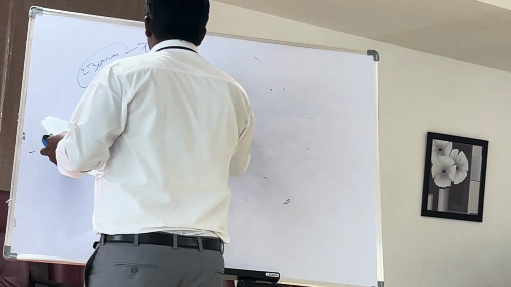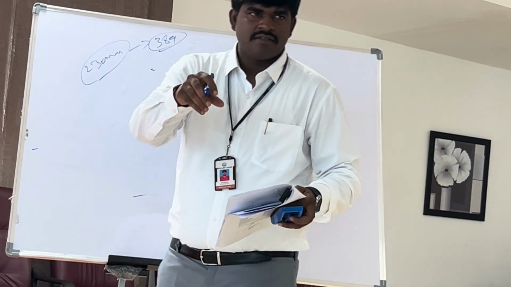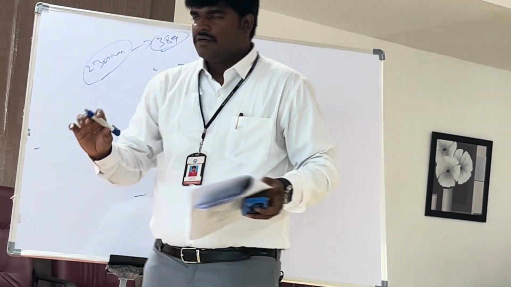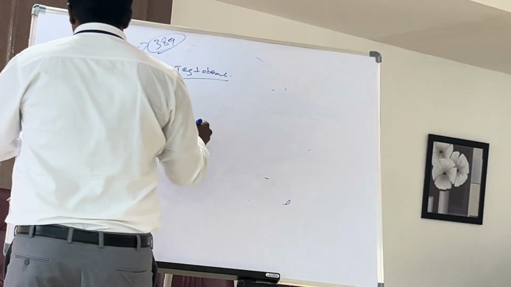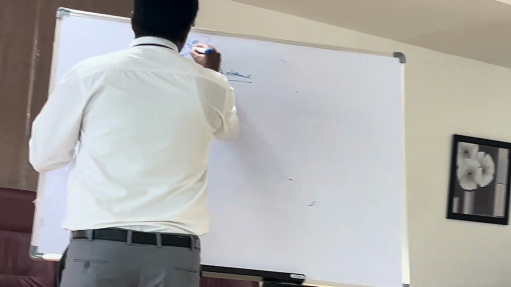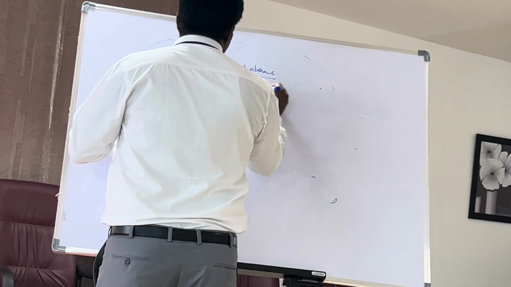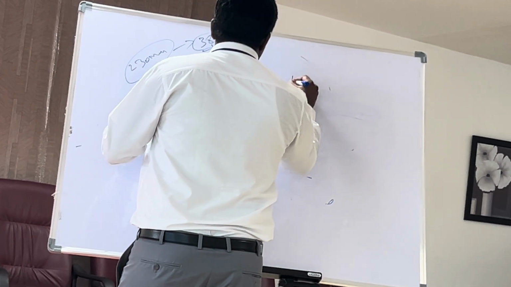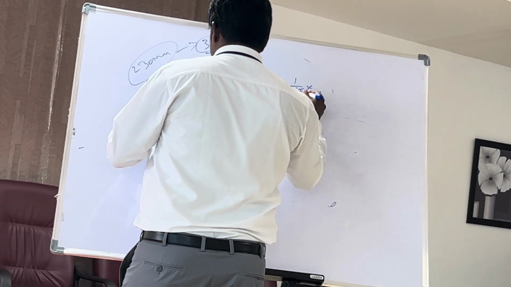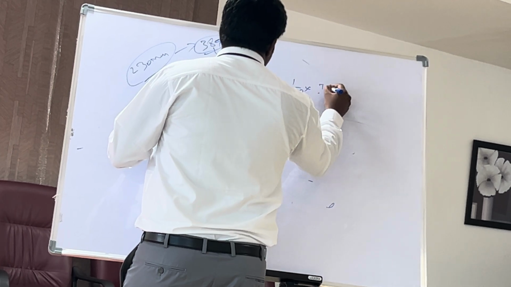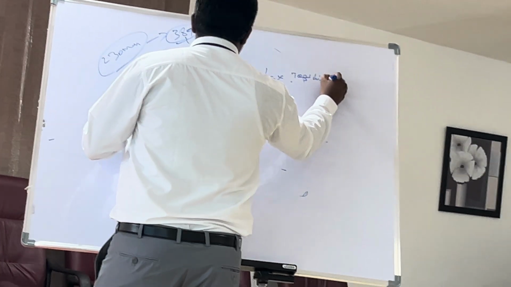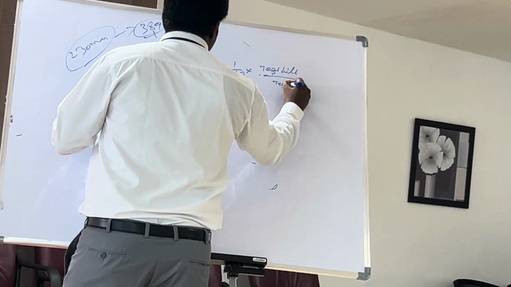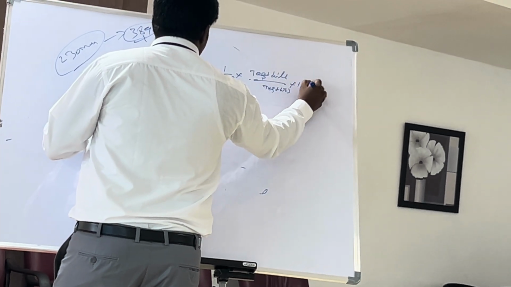So after you prepare the sample and keep it in the cuvettes, you will get some absorbance value. So the test absorbance divided by the specific absorbance, where we are getting 389, into 1 divided by 100, whatever the further dilutions are there. Then test dilution divided by test weight into 100.